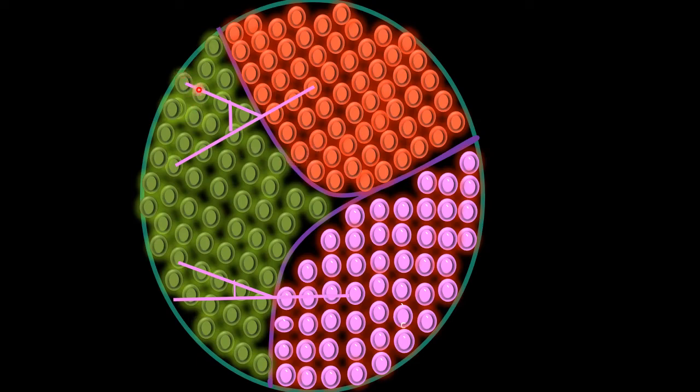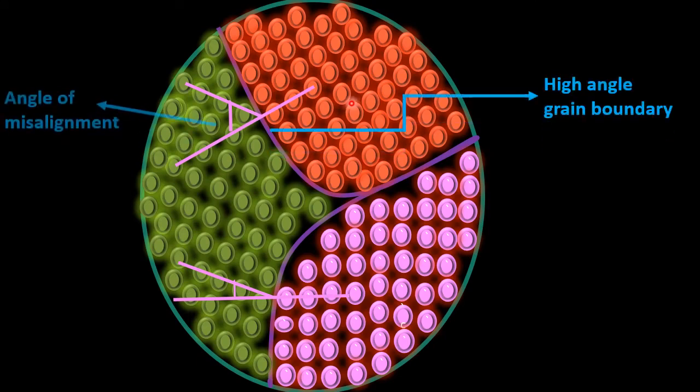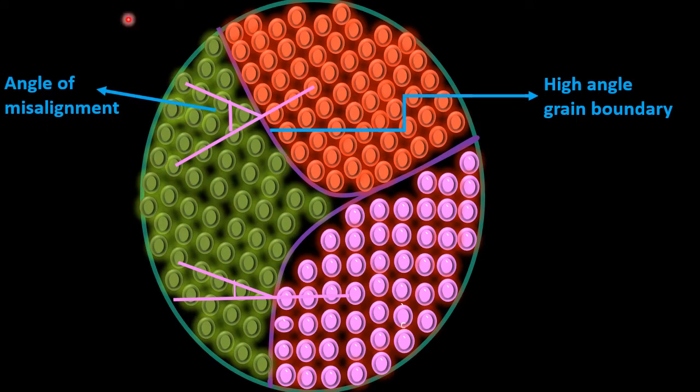When the angle of misalignment between the crystallographic orientations of these two grains is large, this is called a high angle grain boundary. This one is the angle of misalignment, which is large for these two grains.